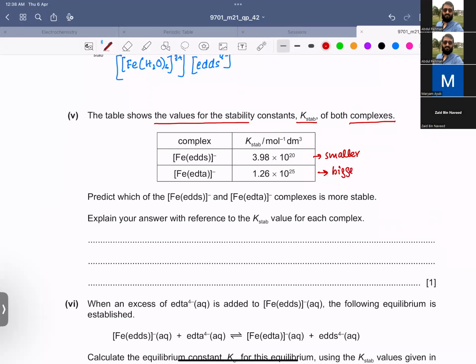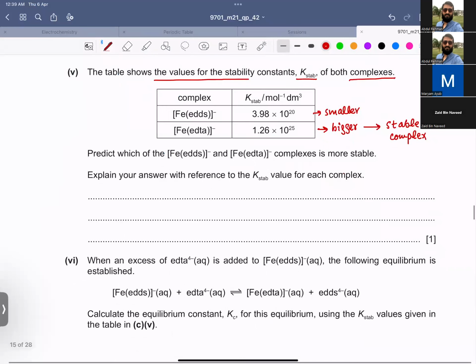And this one is a bigger value. Remember, if it's a bigger value, it is a more stable complex. Predict which of the FeEDDS negative or FeEDTA negative complexes is more stable. Explain your answer with reference to K step value.